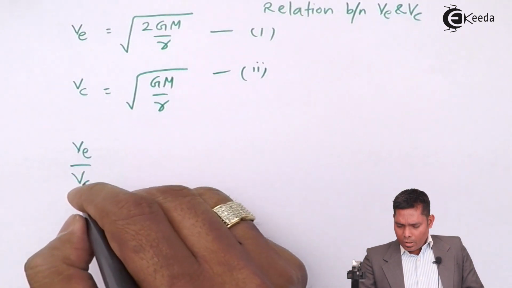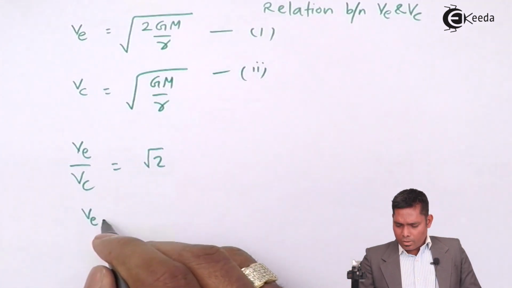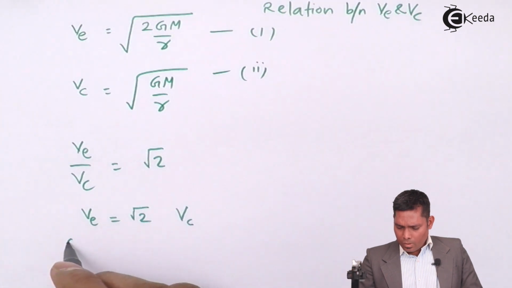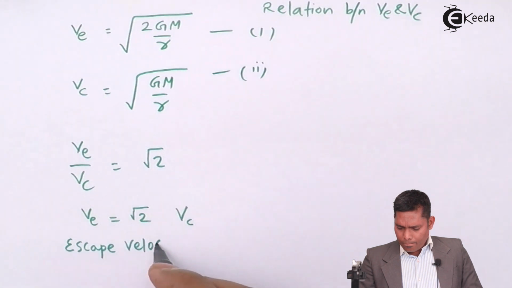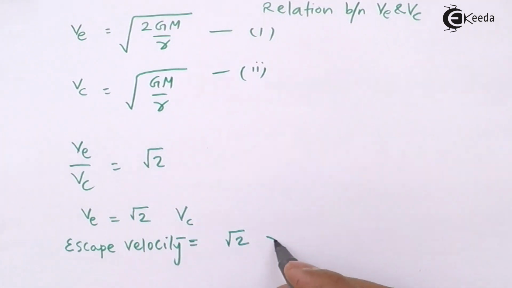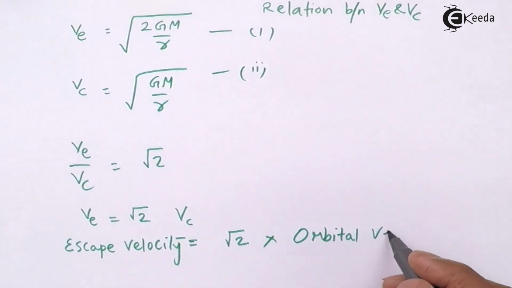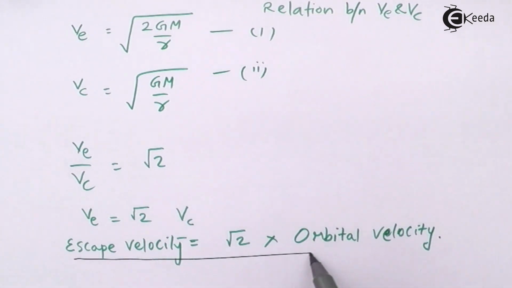Ve over Vc is root 2, because the rest will cancel out. So escape velocity is root 2 times the orbital velocity.